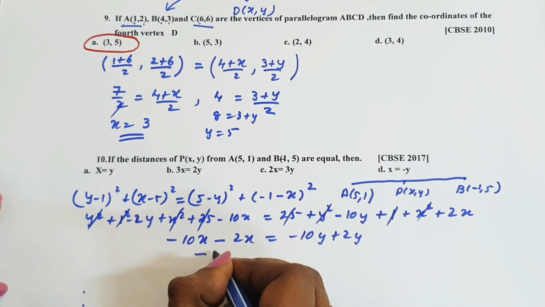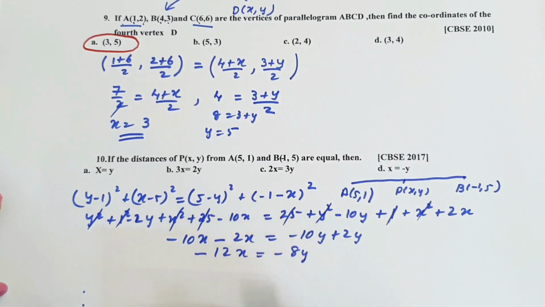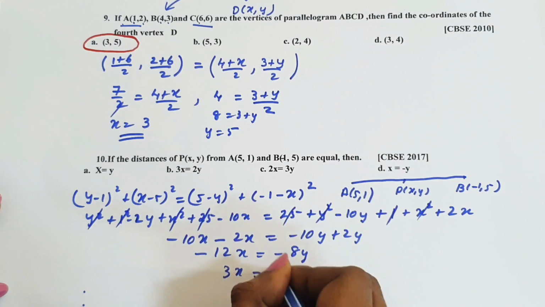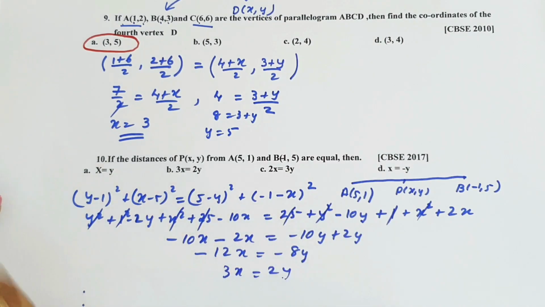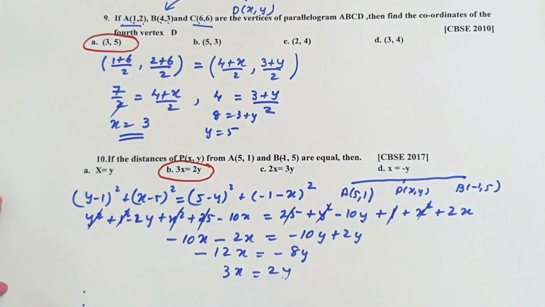So minus 12x is equal to minus 8y. Since on both sides I have negative, I can divide both the terms by negative, and both are divisible by 4. So 3x is equal to 2y. So 3x is equal to 2y. Which option? Option B.